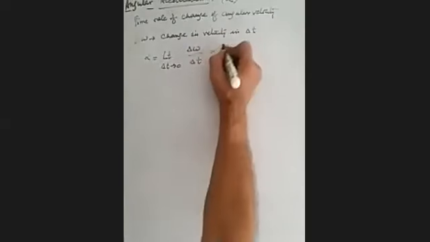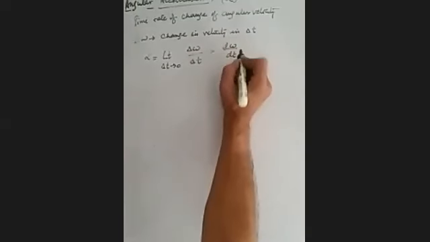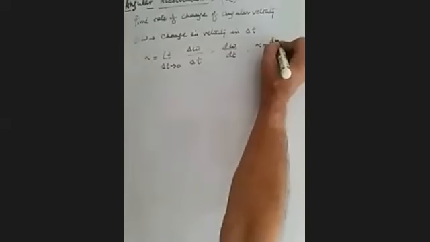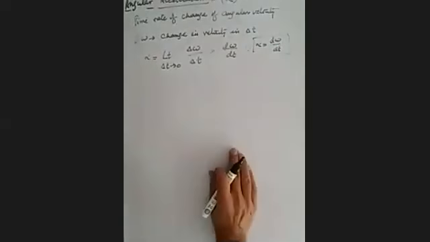And this we can write as d omega by dt. So alpha is equal to d omega by dt, the first derivative of angular velocity with respect to time.